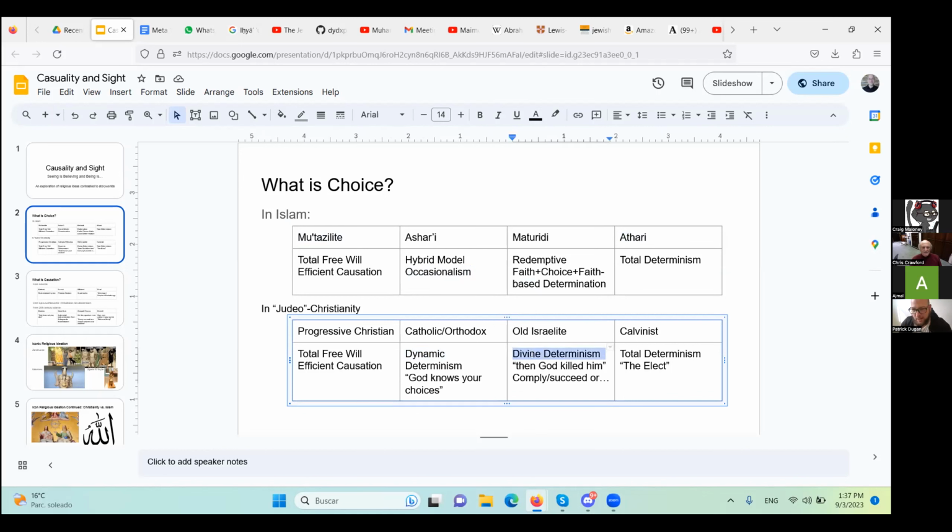In the Torah, people read it and they're like, wow, God really kills a lot of people. Well, in their worldview, anytime somebody died from a heart attack or exposure or gangrene or something, that was God killing them, right? So it's a little bit more like this intermediate position.